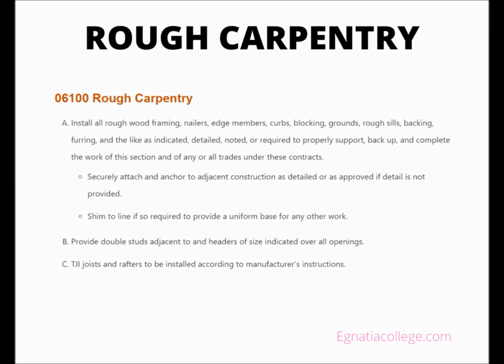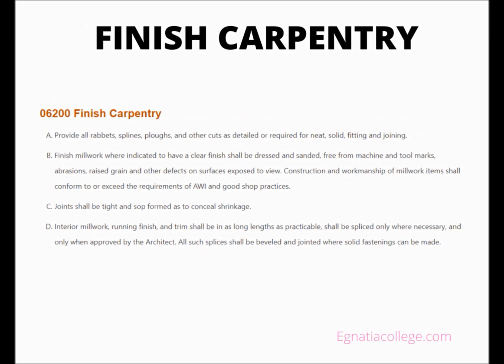Finish carpentry. Provide all rabbets, splines, plows, and other cuts as detailed or required for neat, solid fitting and joining. Finish millwork where indicated to have a clear finish shall be dressed and sanded, free from machine and tool marks, abrasions, raised grain, and other defects on surfaces exposed to view.